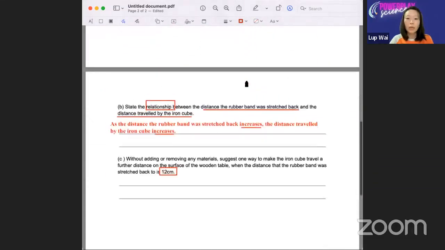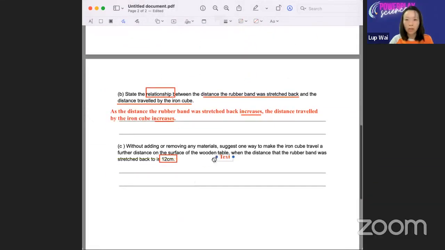So yes, a hole. All you need to do is answer that question, because it didn't ask you to state anything or explain anything. They just ask you, how can I move the iron cube further?